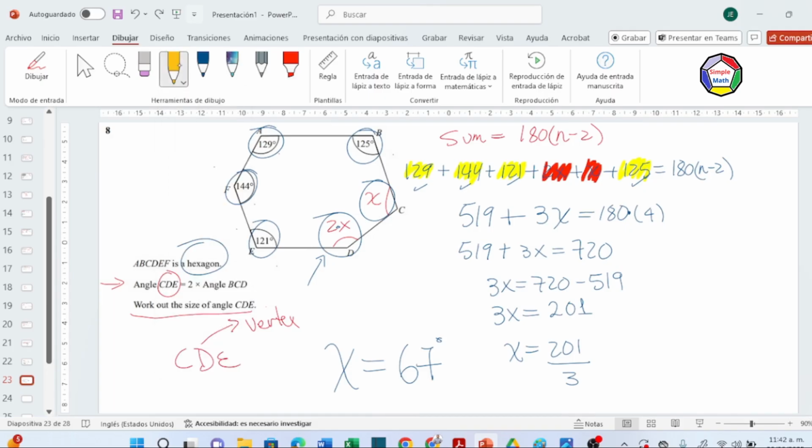I'll say 2 times x, but x is 67. So 67 times 2 is 134. So the angle CDE is equal to 134, because we multiply 2 times the value of x.